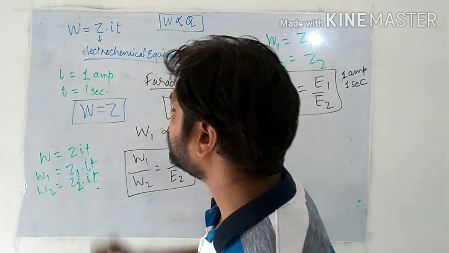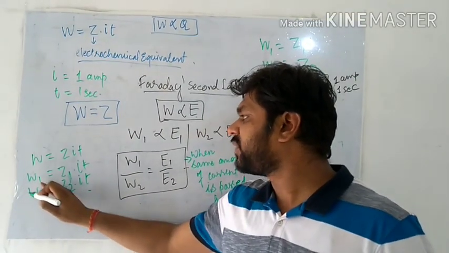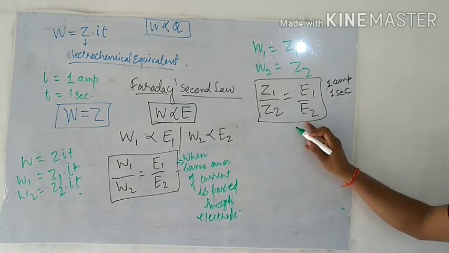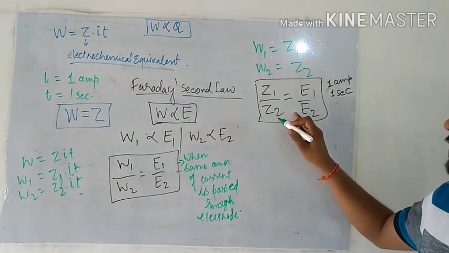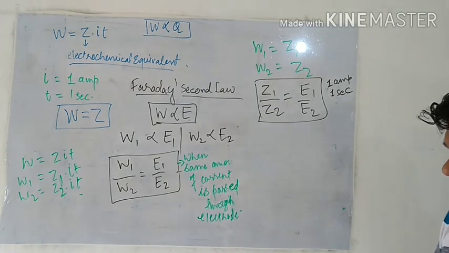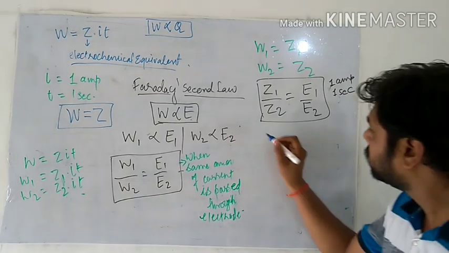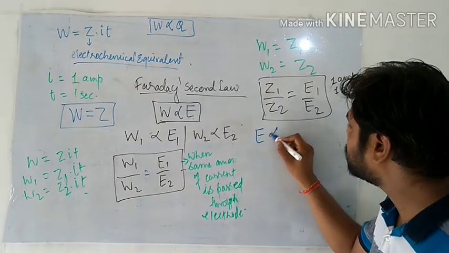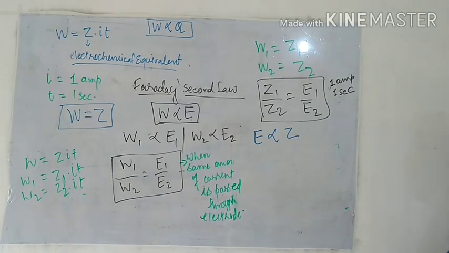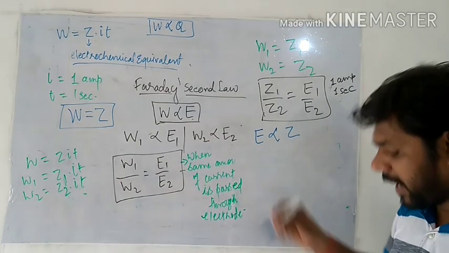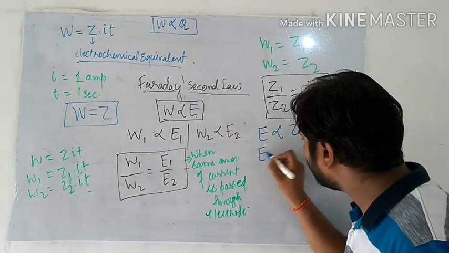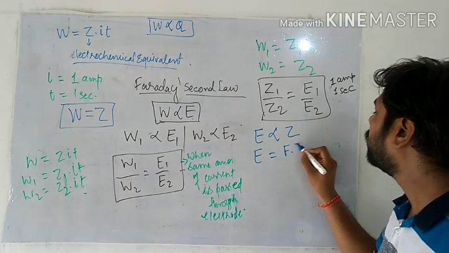When the ITs are same, in this case W1 is equal to Z1 and W2 is equal to Z2. So this can have the relation with equivalent weight, E1 and E2, and we will get another relation over here, that is E is directly proportional to Z, and we can write that E is equal to F into Z.